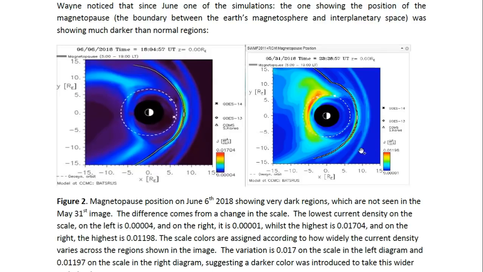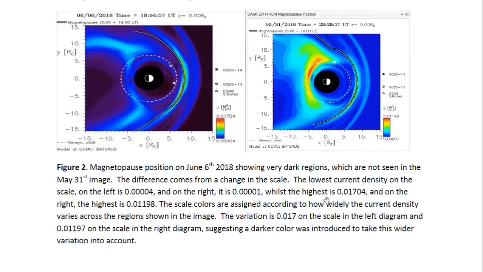But we actually have the opposite, because the color purple is assigned to a minimum density which is higher than the minimum density here. So a purple color here actually means a higher density than what the blue color in this diagram means. So we cannot just compare diagrams according to color. We actually have to look at the scale.